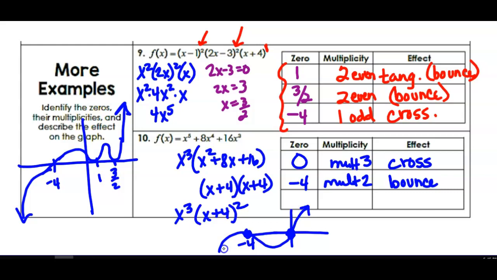Now, I know enough from experience that when it actually does this, because this was a multiplicity of 3, it actually makes this little baby cubic shape right there, but it crosses. That's all we need to know. And then somewhere over back here, it bounced at -4. All right, so you could graph that in your calculator. You just got to watch for the window to be careful that you see all of that.